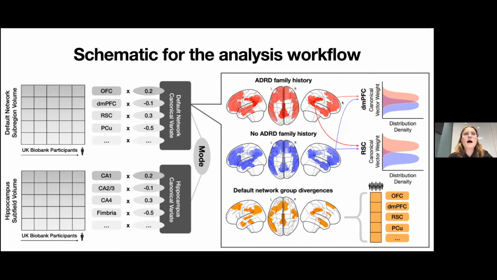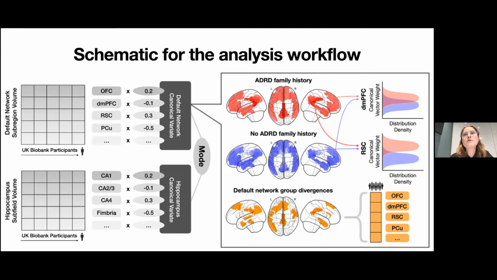So let's say we have this first region here, the dorsal-medial prefrontal cortex. For mode 1, over the course of these 100 bootstrap iterations, we have computed the weight associated with this subregion in participants with family history of Alzheimer's disease and related dementia, which we see here in this red distribution. And we have done the same for participants without family history of Alzheimer's disease, which we see here in this blue distribution.